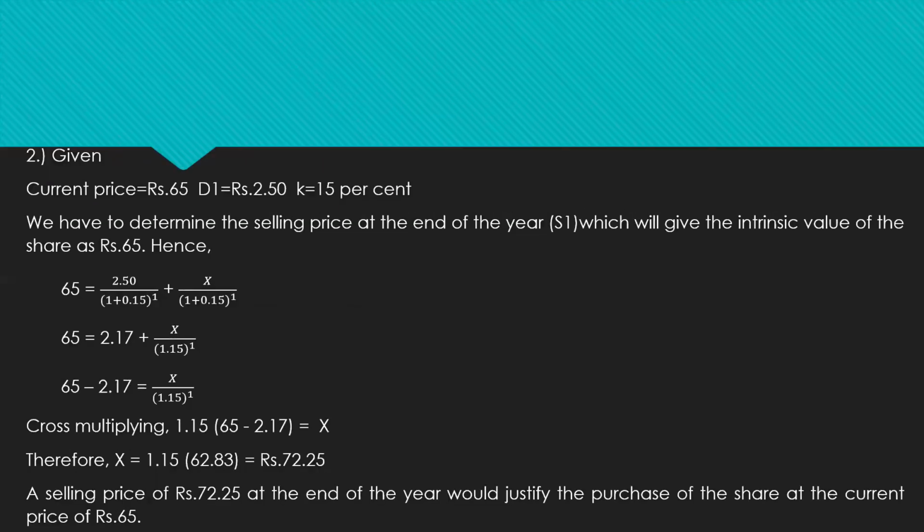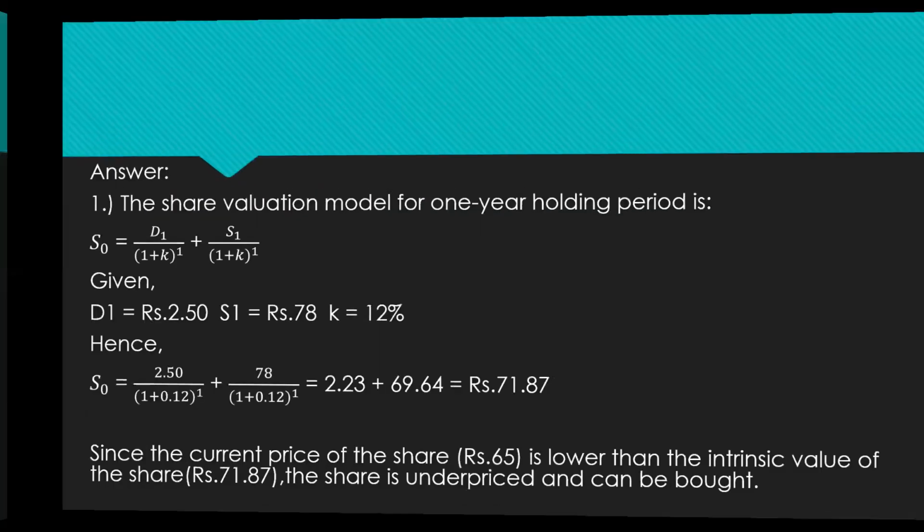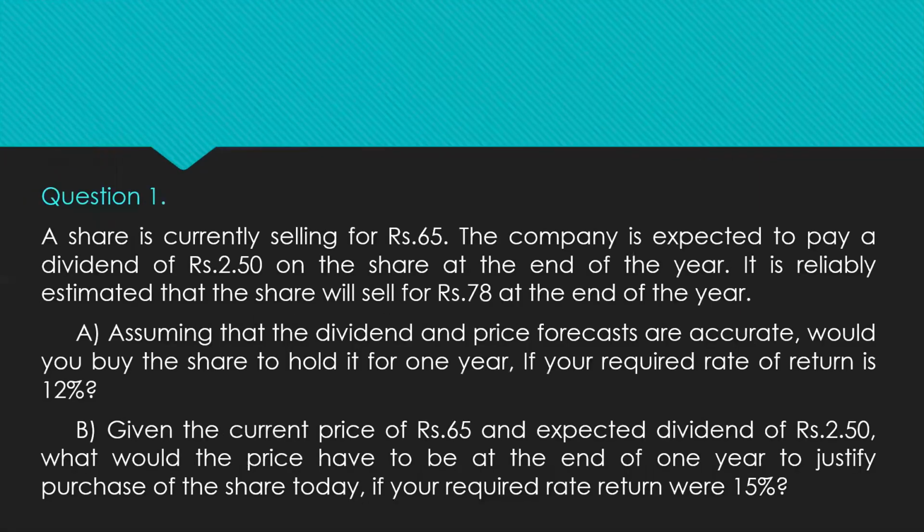Now let's look into the second part of the question. Given the current price of rupees 65 and expected dividend of 2.50, there is no change in that particular part. D1 is 2.50. What would the price have to be at the end of 1 year to justify purchase of the share today if your required rate of return were 15%?